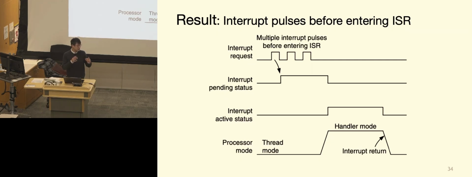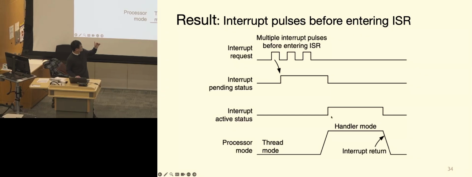If you think back, normally we have to finish the current instruction before we can do the interrupt. So whenever the pending is up, the processor gets notified that it's supposed to do something soon. And then after it gets to do that, it pulls down the pending and also pulls up the active. These two things essentially happen at the same time.